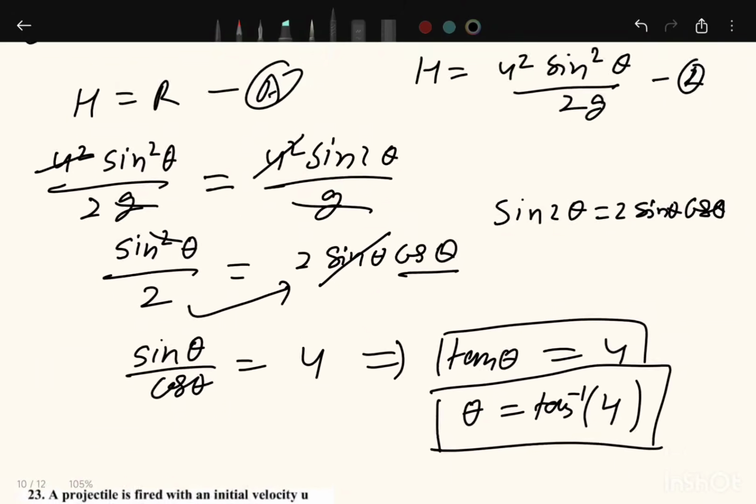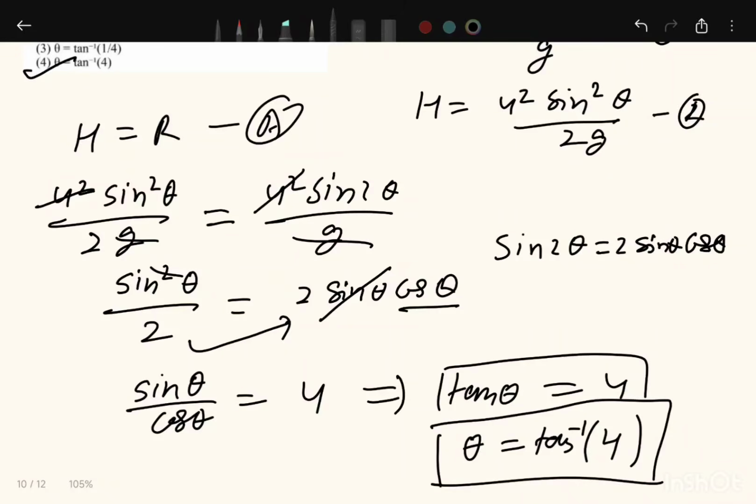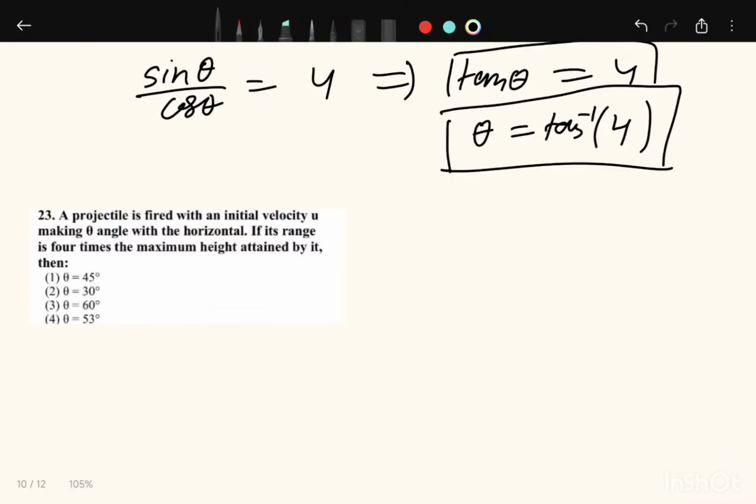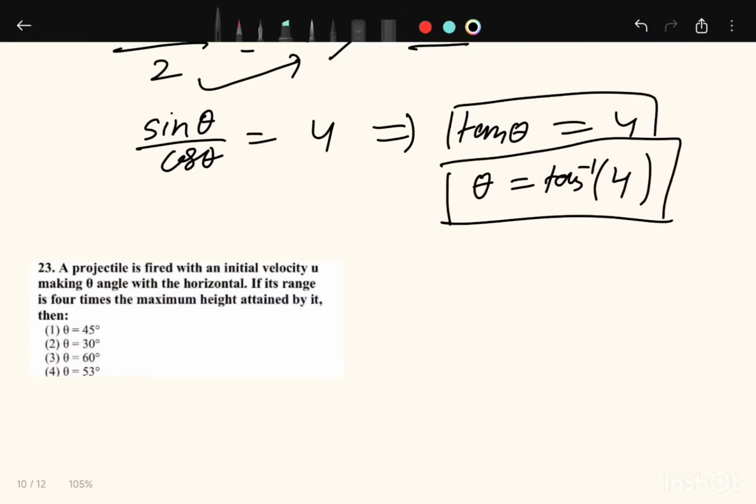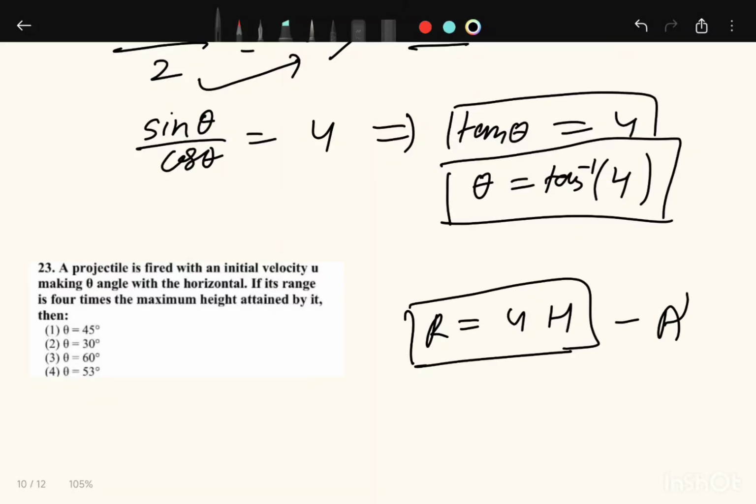It is just an extended form of this question, right? The same formula. There we had H equal to R, here we have R equal to 4H given in the question. Its range is 4 times the maximum height, so R equal to 4 times H max.